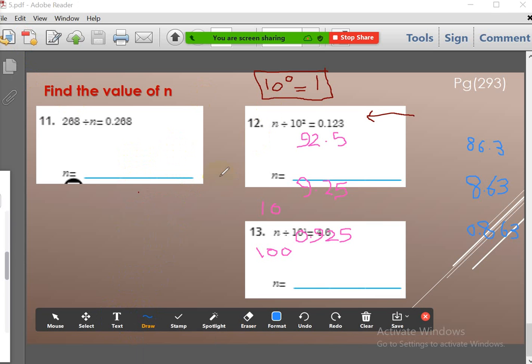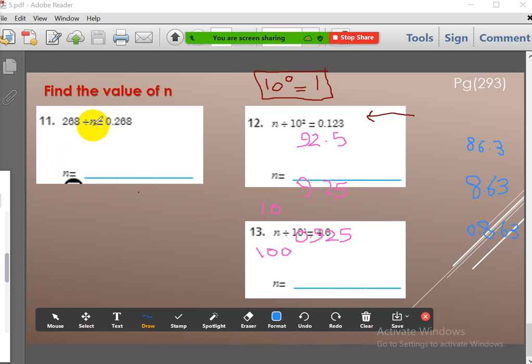So that means I have to find the unknown number here according to the place. That means the n maybe in the first one will be the divisor, and in the second one will be a dividend. So now we will see. Look at number 11. You know that we solved something like this in the last lessons.